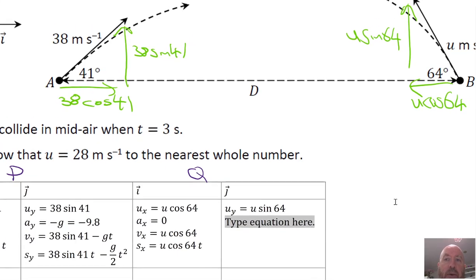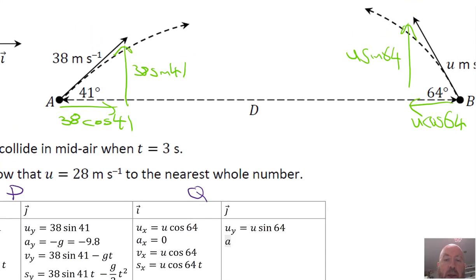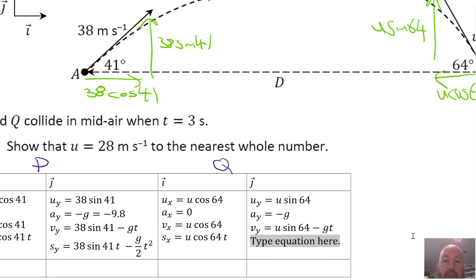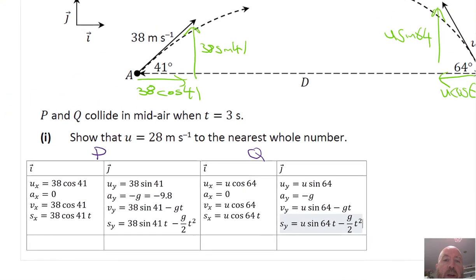Ay equals minus g. Vy equals u plus at, so u sine 64 minus gt. And then Sy equals u sine 64 t minus g over 2 t squared.